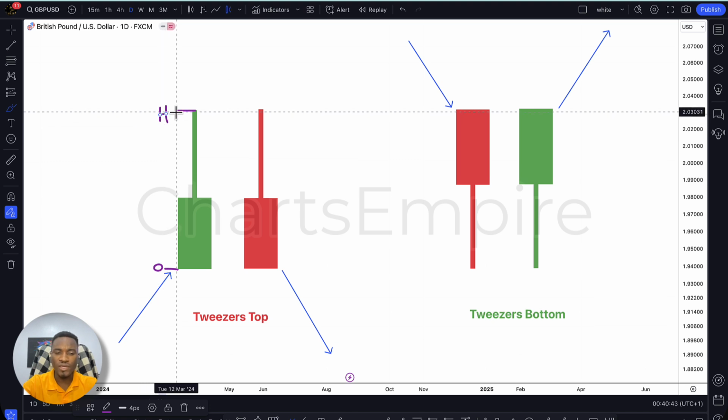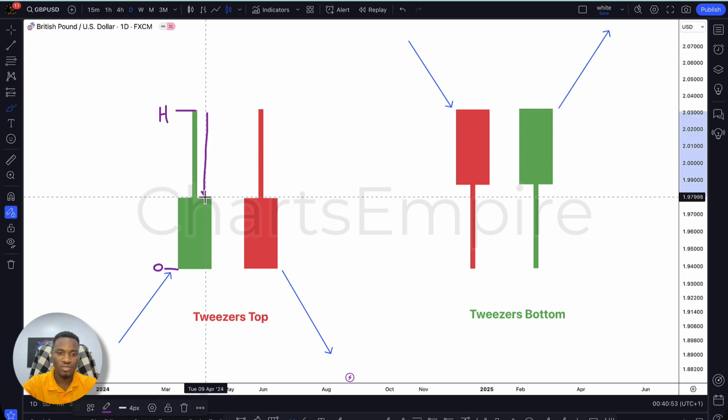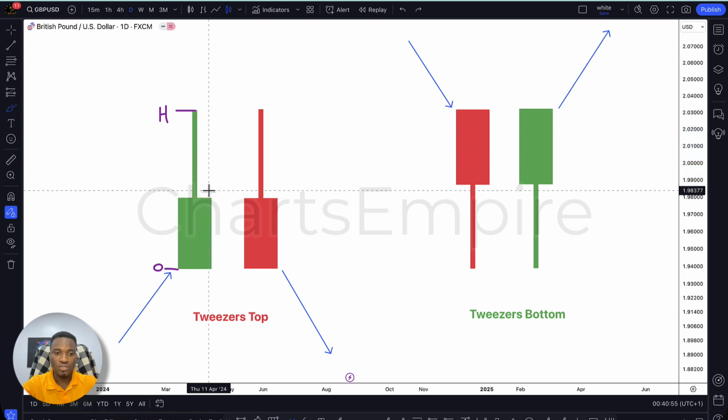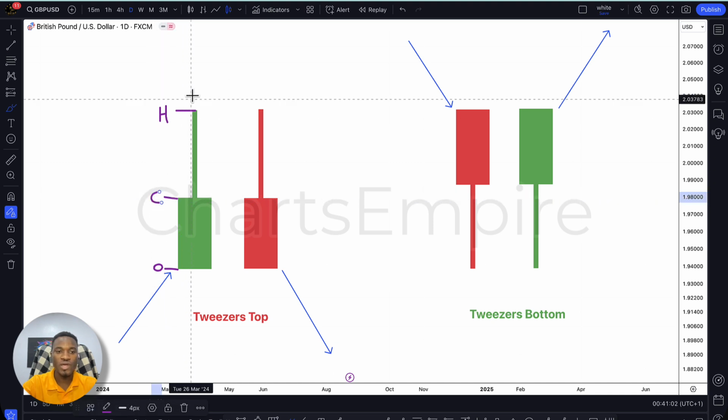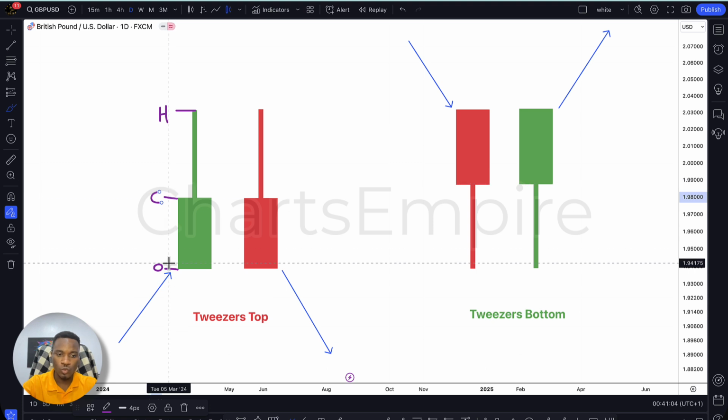So we have the high, and the sellers got in at this high, and they resisted the buyers from pushing the price upward, whereby the sellers put the price down, whereby the price closed at the lower section. You can see that. So we have the high, we have the close, and we have the open on this bullish candlestick.